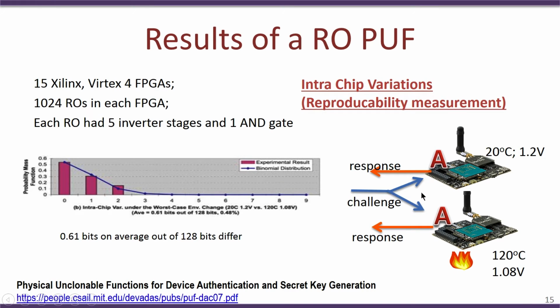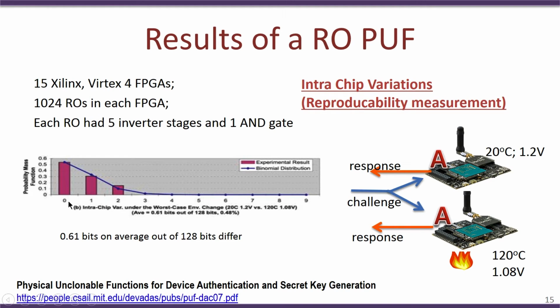This particular graph shows the distribution of the intra-chip Hamming distance variations. It tells you how different each response looks for the same challenge under these two conditions, 20 degrees at 1.2 volts, and when the challenge was given at 120 degrees at 1.08 volts.